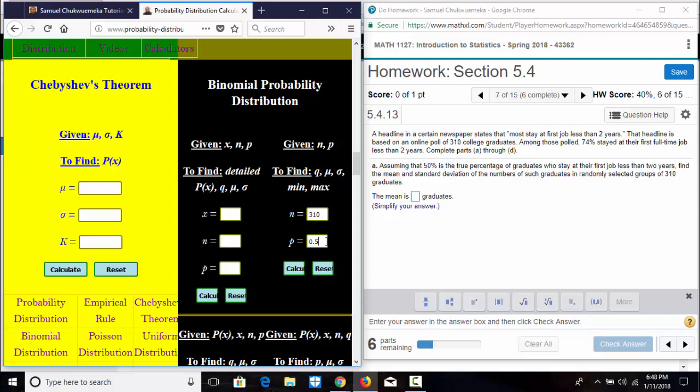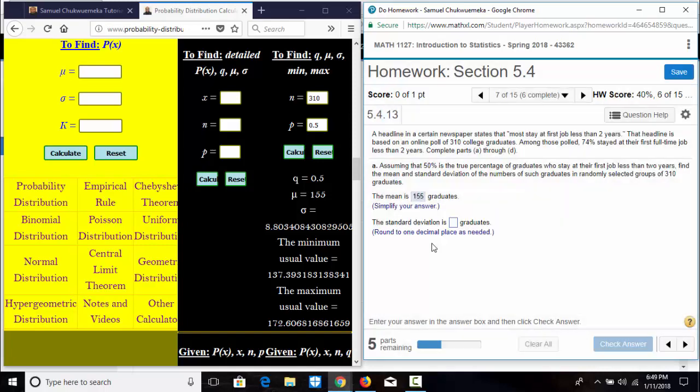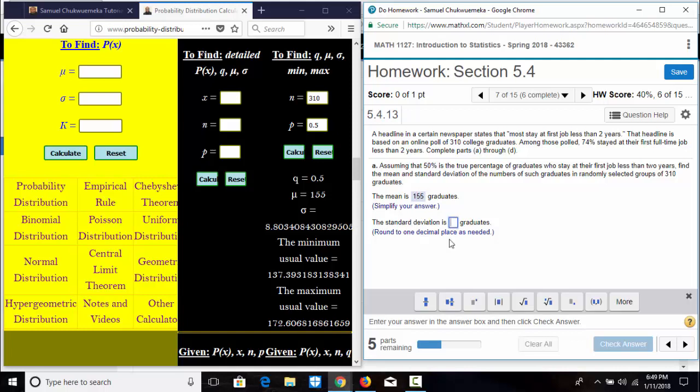So we take 50% in this case. You calculate, the mean is 155. The standard deviation to one decimal place is 8.8.